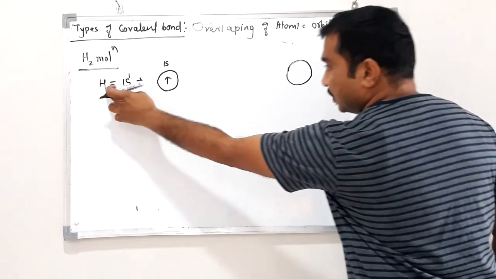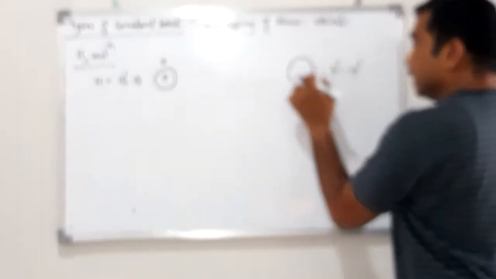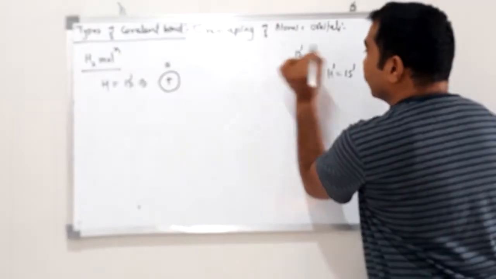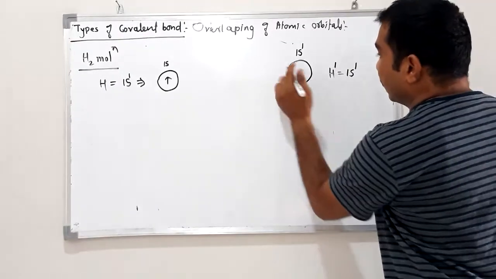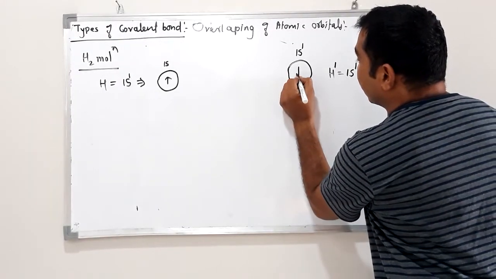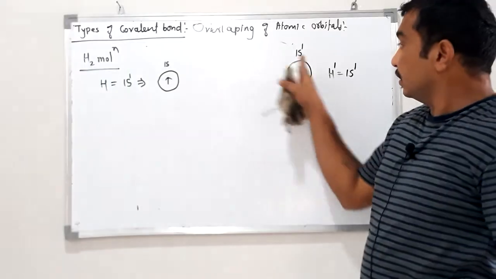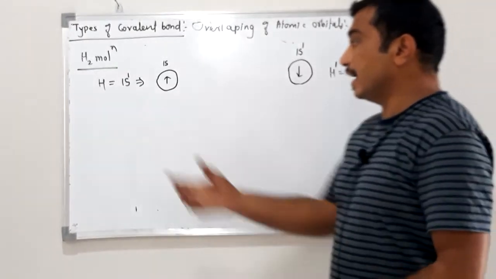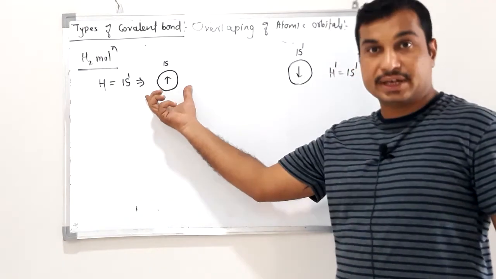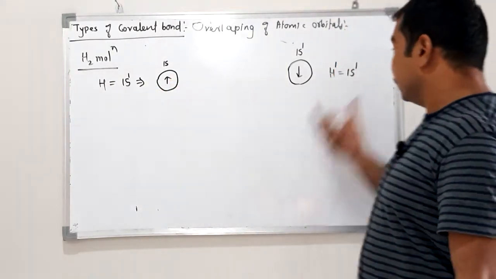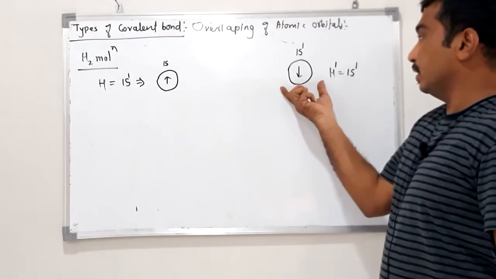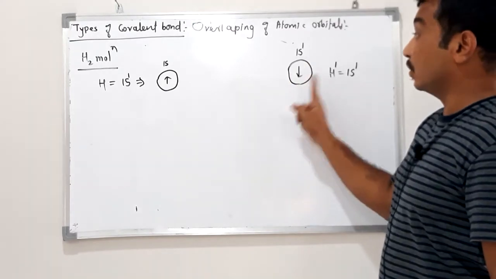This is the orbital of this hydrogen atom, having 1s1 electronic configuration, and this is the single electron present here. So this is a hydrogen atom having a 1s orbital with a single electron.